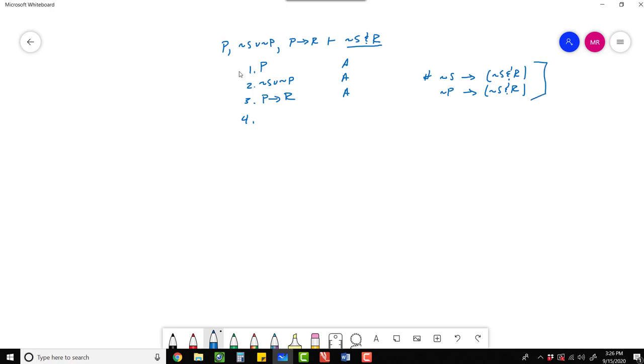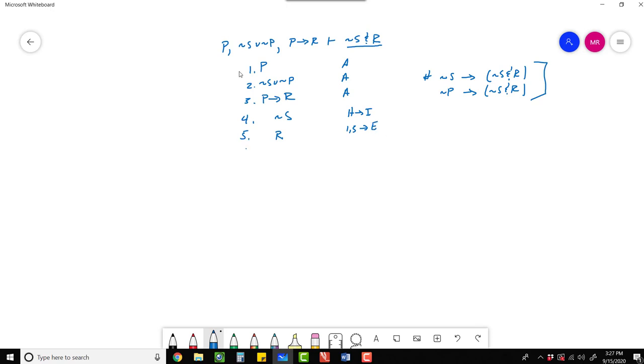Okay? So what you're going to do is hypothesize for conditional introduction, not S. And of course, now what you're just trying to do is get not S and R, but 1 and 3 gives you R, right? So you've got R by 1, 3 conditional elimination.